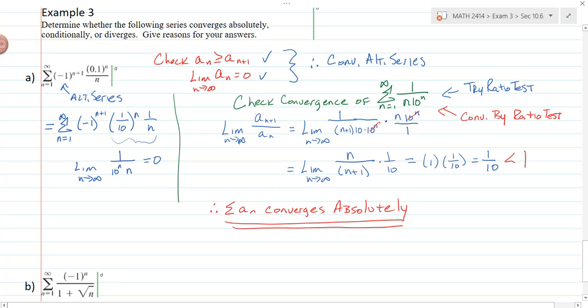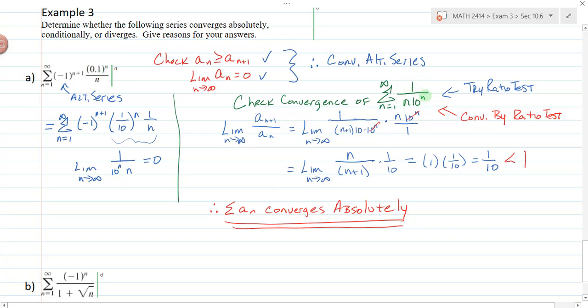The steps we took was first we identified we had an alternating series. We checked to see if the conditions were satisfied for the alternating series to converge. Once we determine the alternating series converges, then you need to check the series without the -1 raised to the power. And I rewrote the terms in this series in a form that would be easier for me to work with.